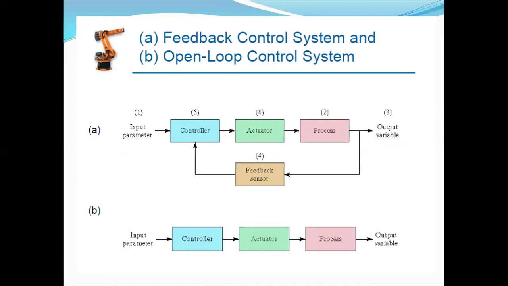For example, if we take the example of the tool of a lathe machine, and if there is a controller which can control the speed of the shaft or the feed rate of the tool, then if these parameters can be controlled, you will get a good surface finish of the part. So it depends upon the requirement.